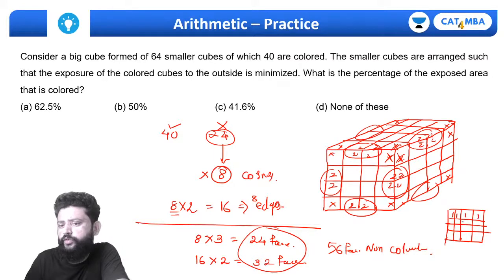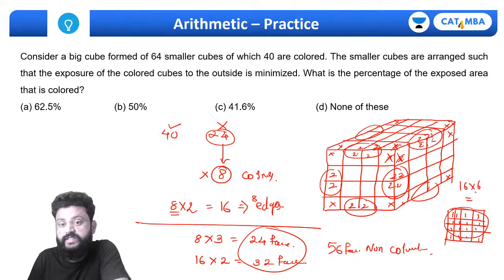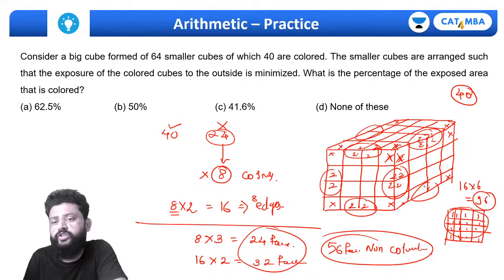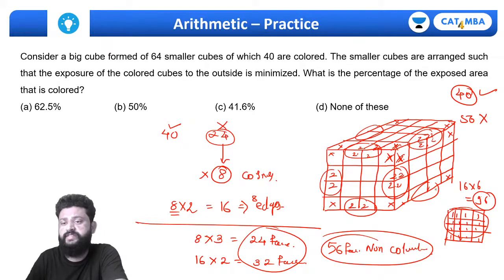One, 2, 3, 4, 5, 6, 7, 8, 9, 10, 11, 12, 13, 14, 15, 16. So this 16 into 6, how many total faces will be visible from outside? 16 into 6, how much? 96. Out of 96, 56 are non-colored. So how many will be colored? There will be 40 faces which will be colored. 40 colored, 56 non-colored will be visible from outside.